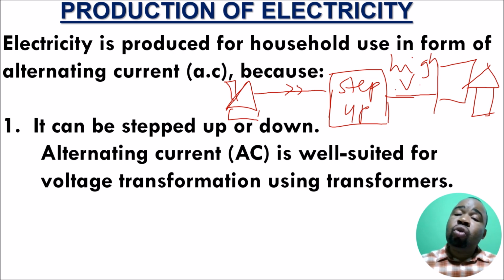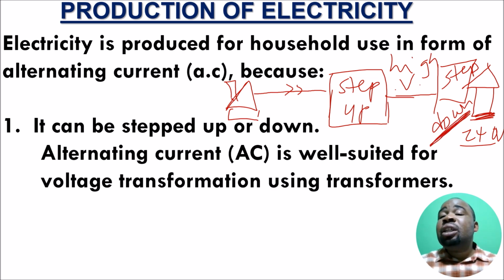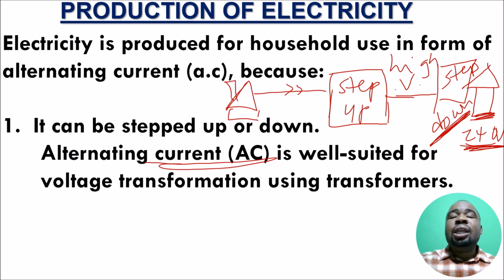So we need to do what we call step down. Your TV needs about 240 volts, but the line coming to you is in the excess of kilovolts, if not megavolts. So we need a step down transformer so that it suits the requirements of the gadgets in the house. And this is possible with AC and not with DC.